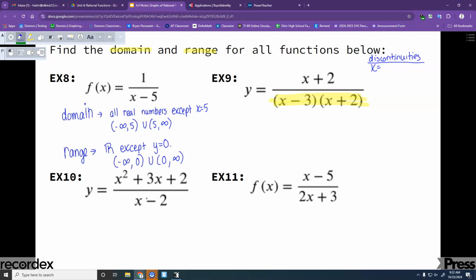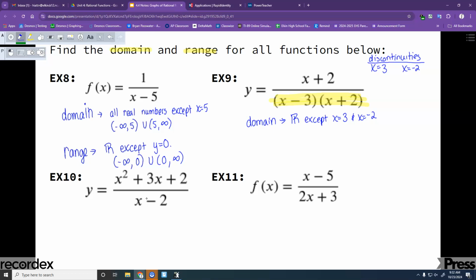So discontinuities, x equals 3 and x equals negative 2. It does not matter if that is a hole or a vertical asymptote. They're still discontinuities. So x cannot equal those values. So your domain would be all real numbers except x equals 3 and x equals negative 2.